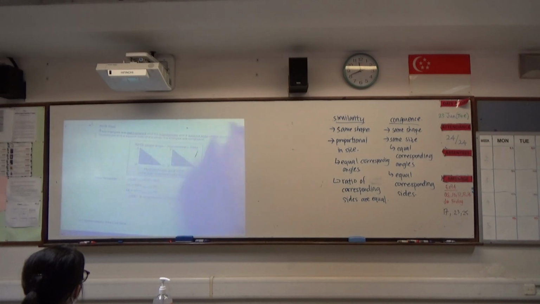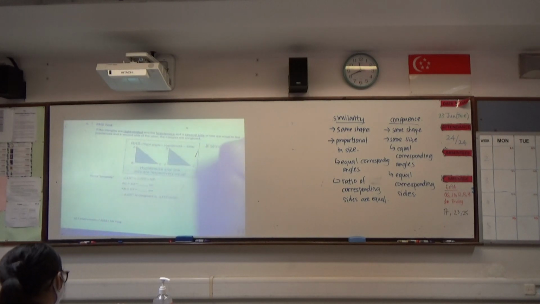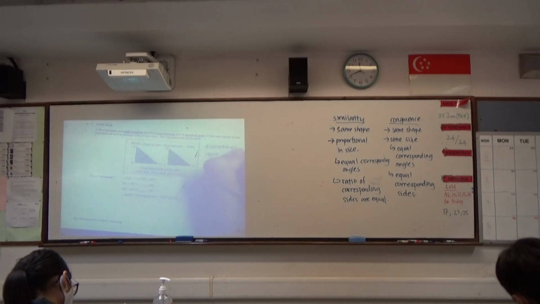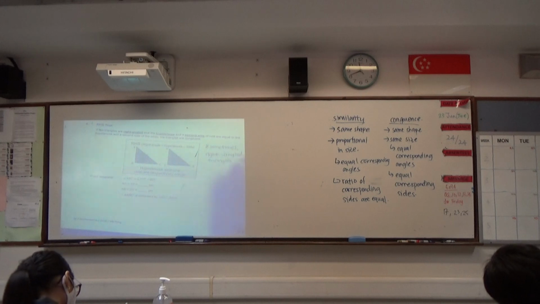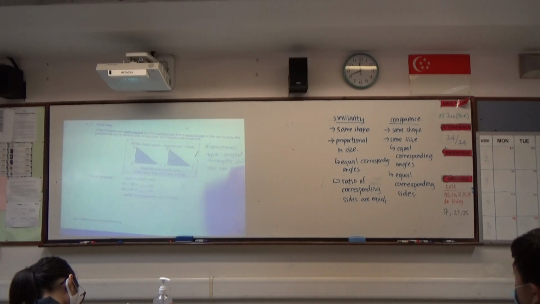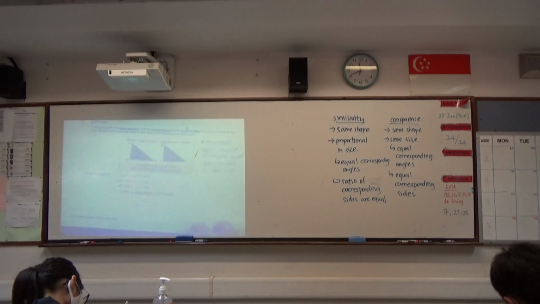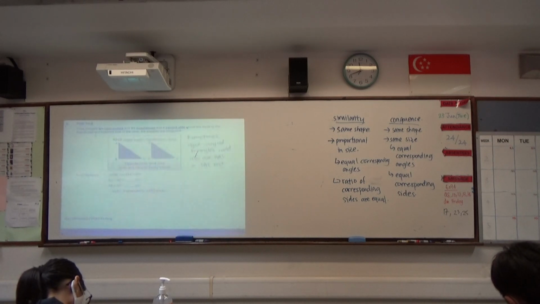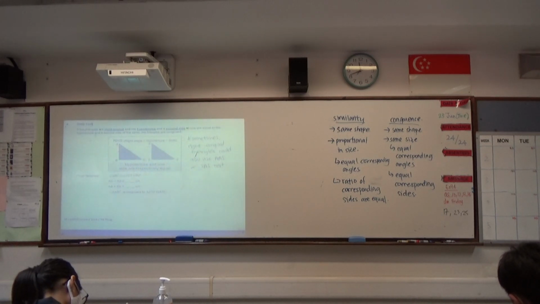Sometimes a right angle triangle can also use AAS or SAS test. So don't always insist that a right angle triangle must be RHS.